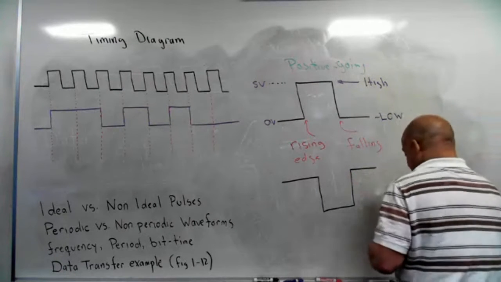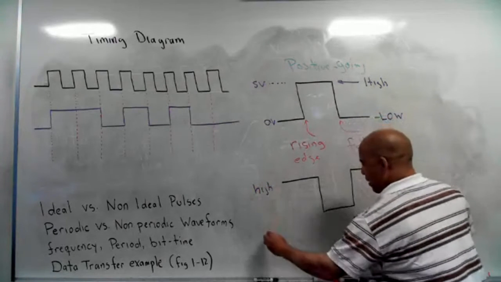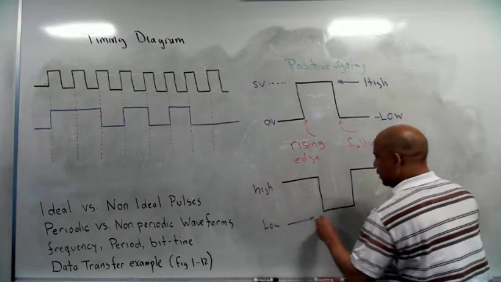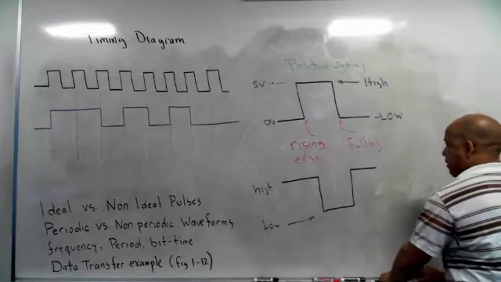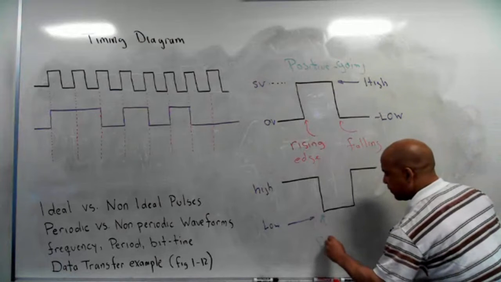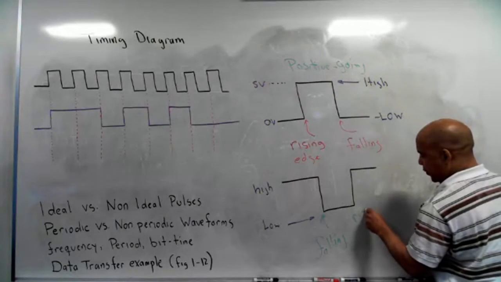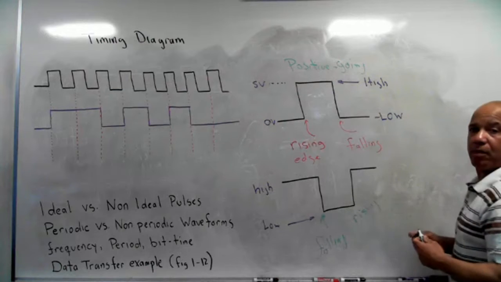Here's my high, here's my low down here. This part now is my falling edge, and this right here is the rising edge of my waveform.